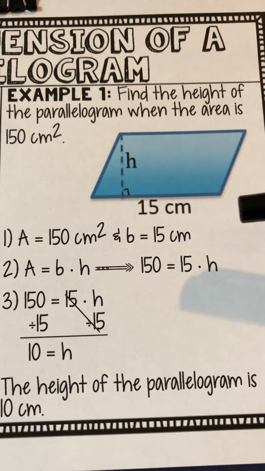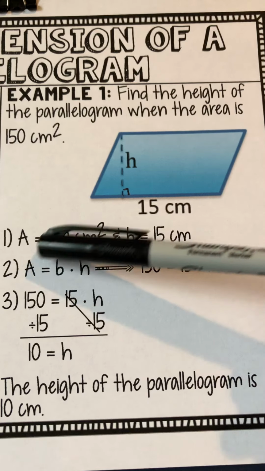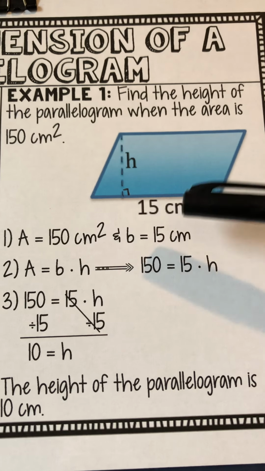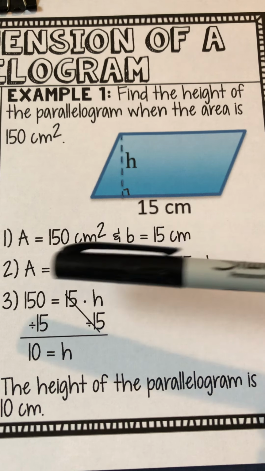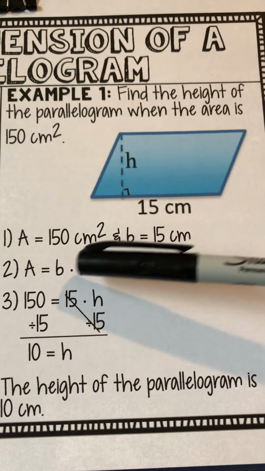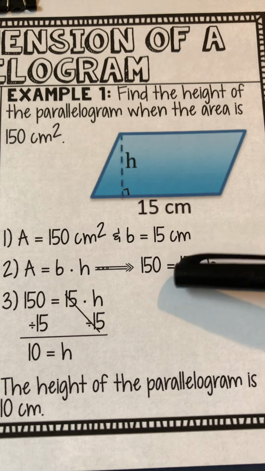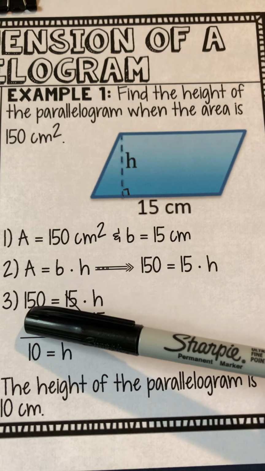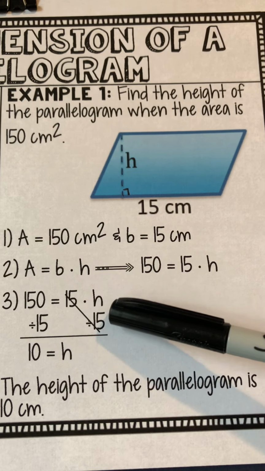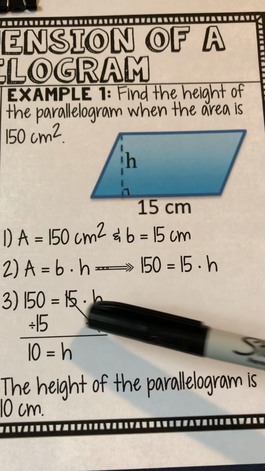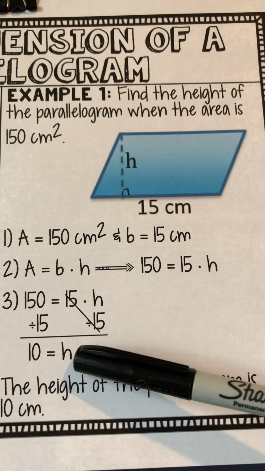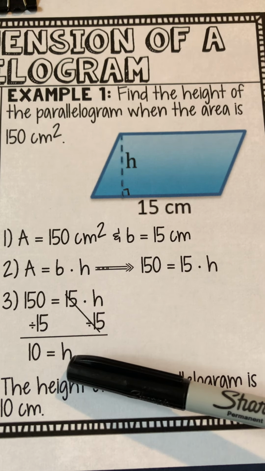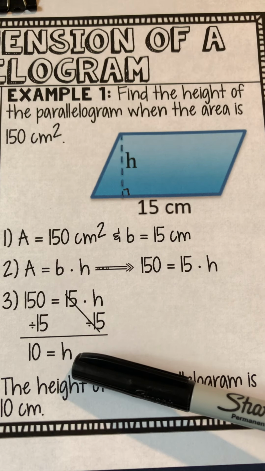We go through the same steps, all right? We know the area is 150 centimeters squared. We know the base is 15. Go to your formula. Area is equal to base times height. Substitute. 150 is equal to 15 times H. We need to divide by 15 on both sides to get the H all by itself. Just like one-step equations, we do the opposite or the inverse to solve.